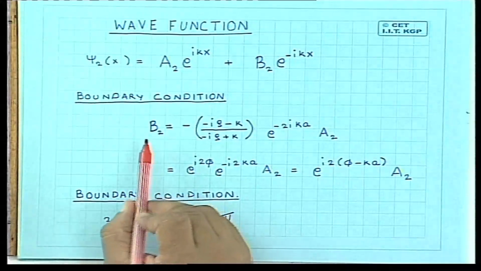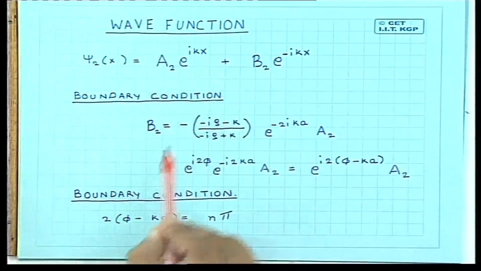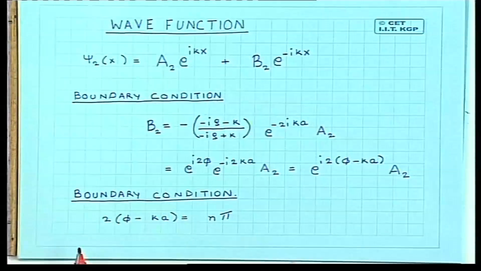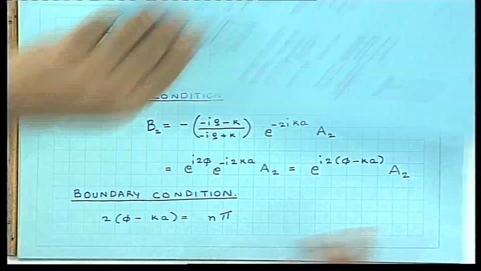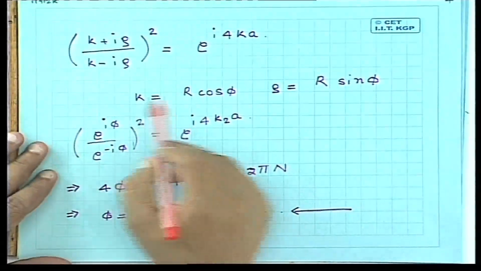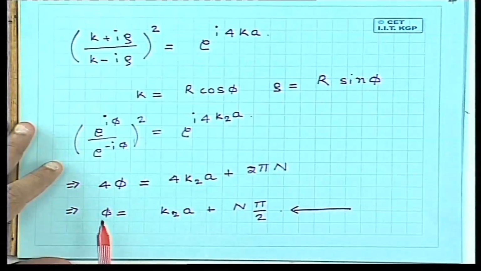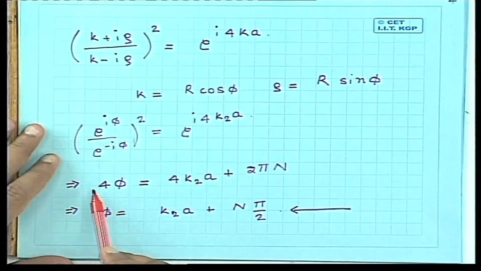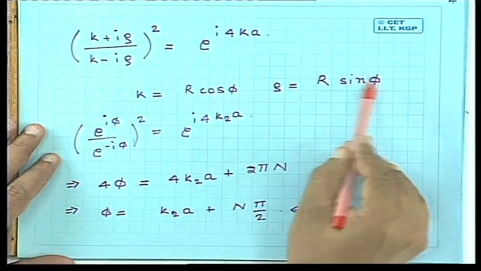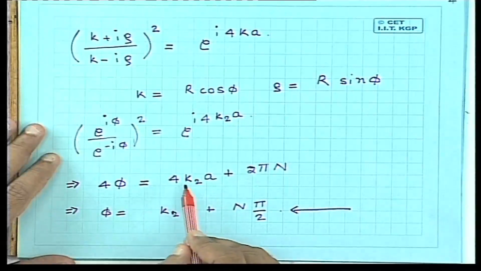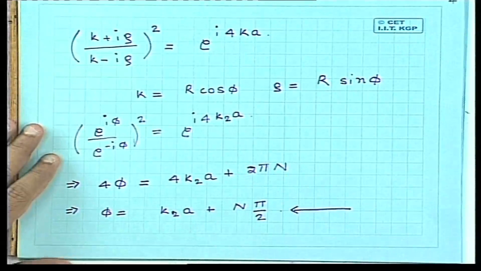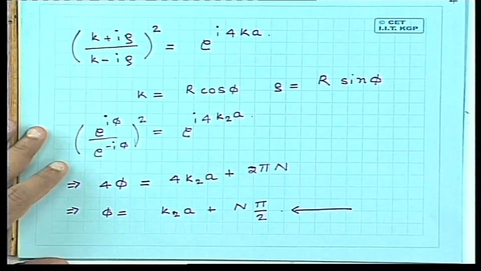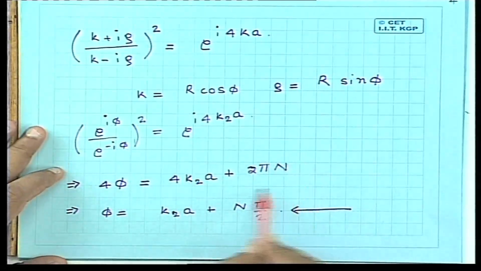So this is the relation between the coefficients A2 and B2, which comes from one of the boundary conditions. The other boundary condition, if we express k and rho in this fashion, had told us that 4 phi, where phi is this phase over here, should be equal to 4 times ka plus 2 pi into n, where n could be any integer, right? We had obtained this in the last class.